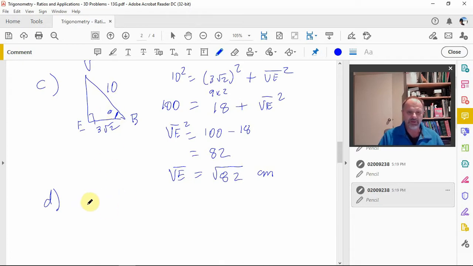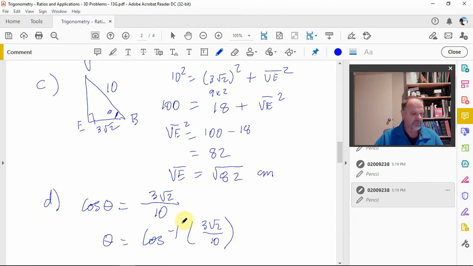So we know that cos of theta is the adjacent over the hypotenuse, and so theta would be cos minus 1 of 3 root 2 on 10.